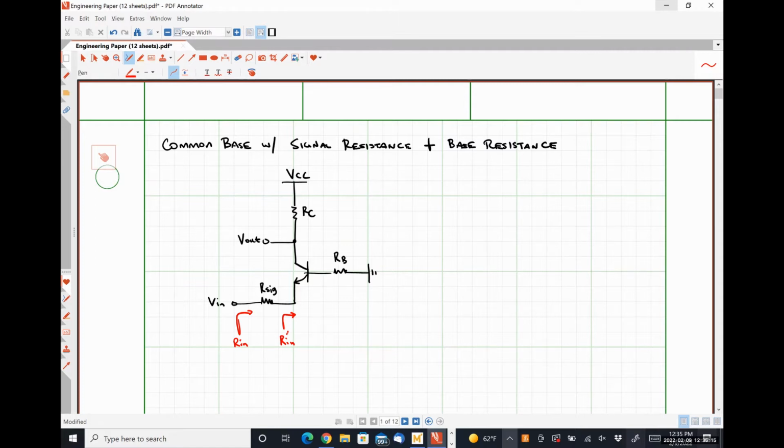One that we analyzed previously was the effect of having an emitter degeneration resistor and a base resistance, right? Well, we don't have an emitter degeneration resistor here, but if we look at our notes for emitter degeneration with base resistance and just set RE equal to infinity, that's exactly what we have when we're looking in through the emitter terminal, right? So we're saying that our emitter resistance is an open circuit.